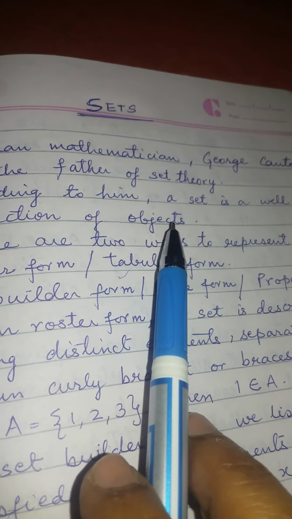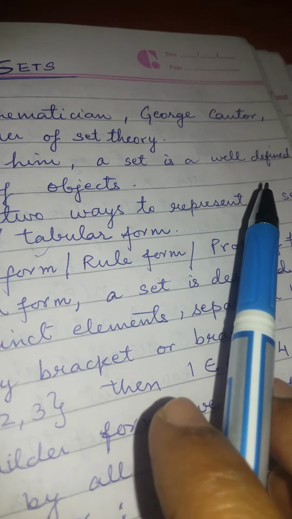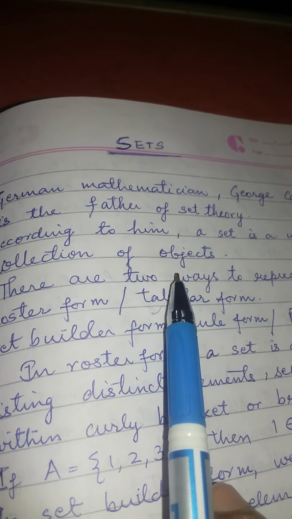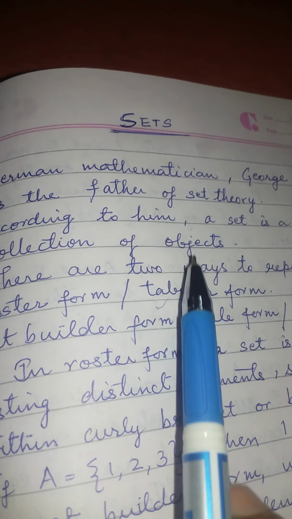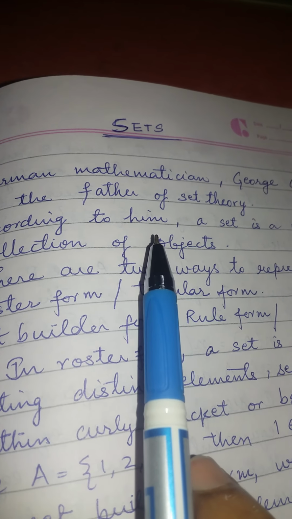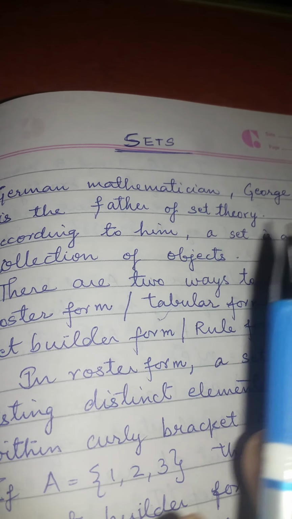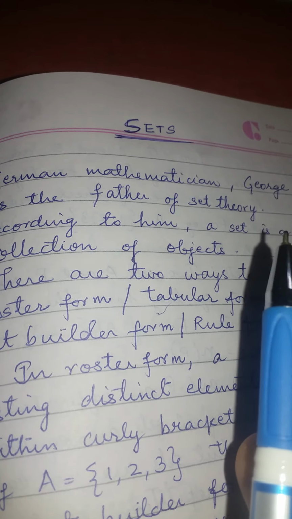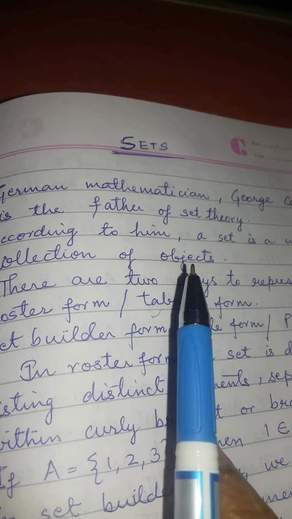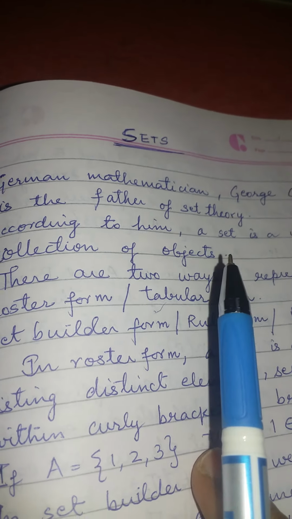According to him, a set is a well-defined collection of objects. Means, suppose I take the group of vowels of the English alphabet, so it is well defined. Means I can properly represent it.